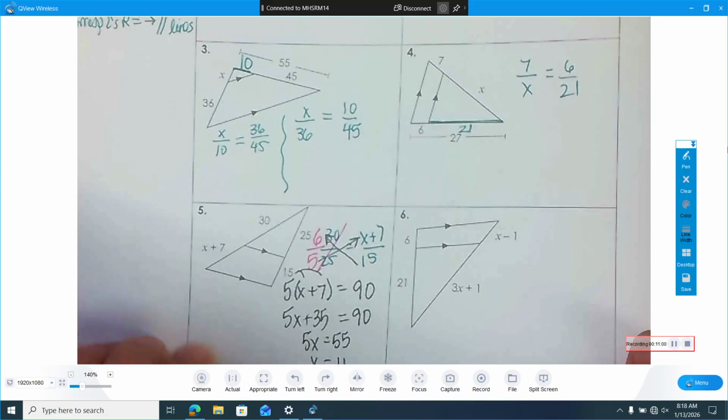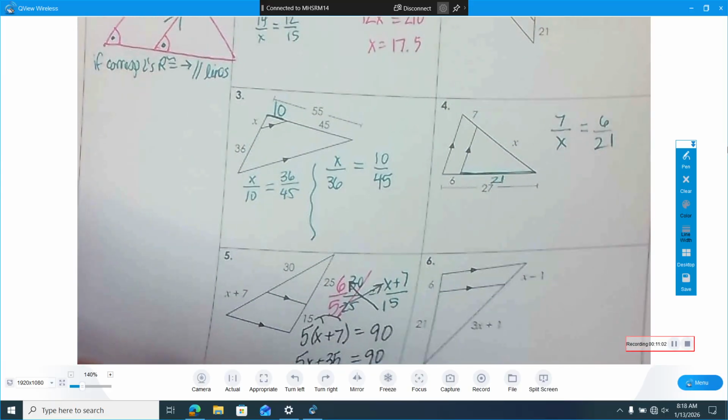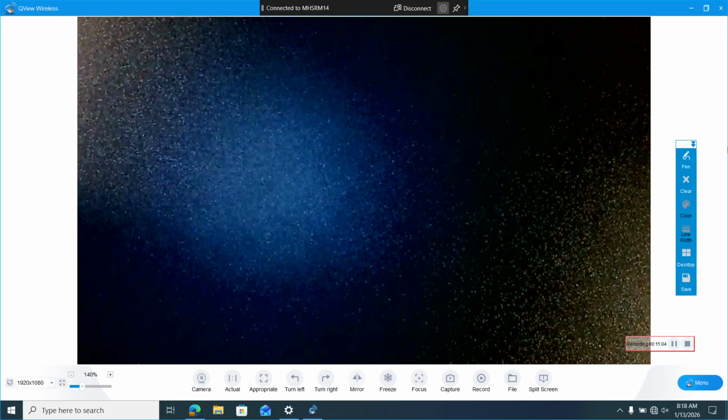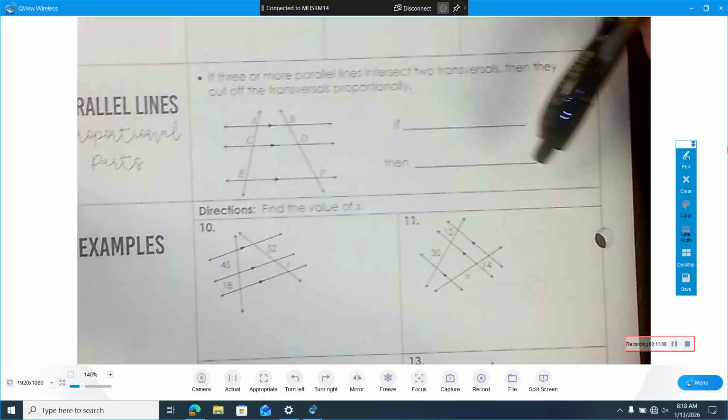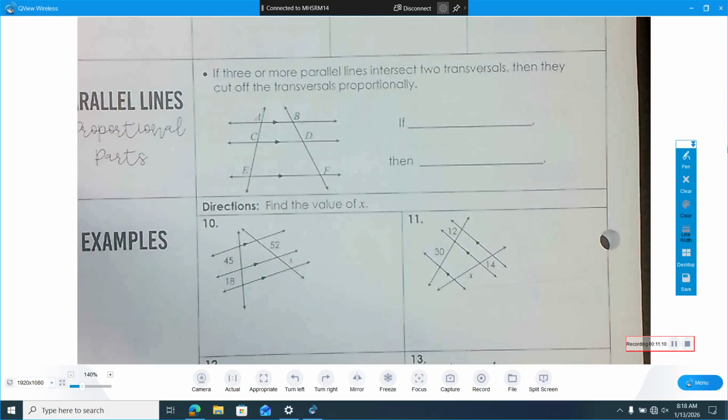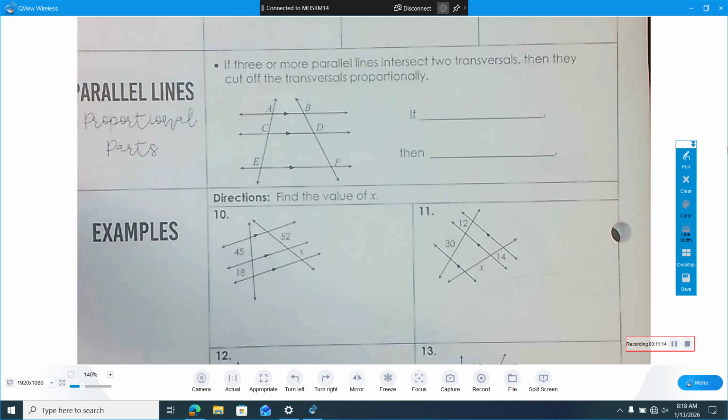All right. Let's turn the page. We're going to skip down to more. This is an extension of the side splitter. How many parallel lines do you see? 3.